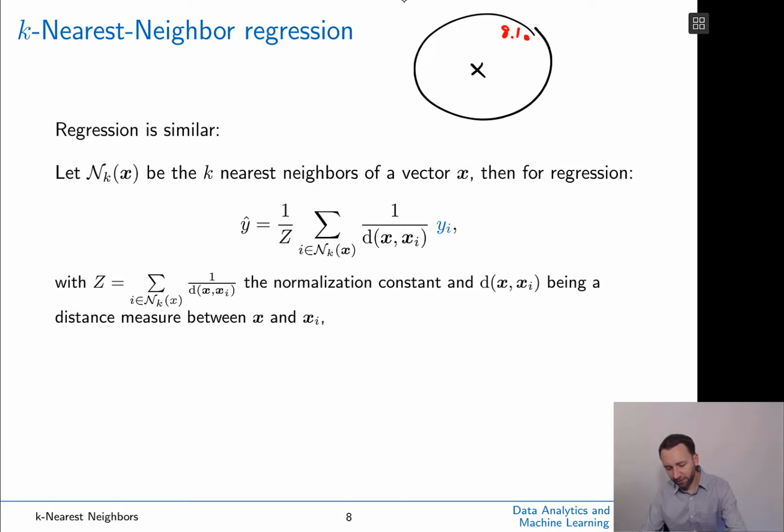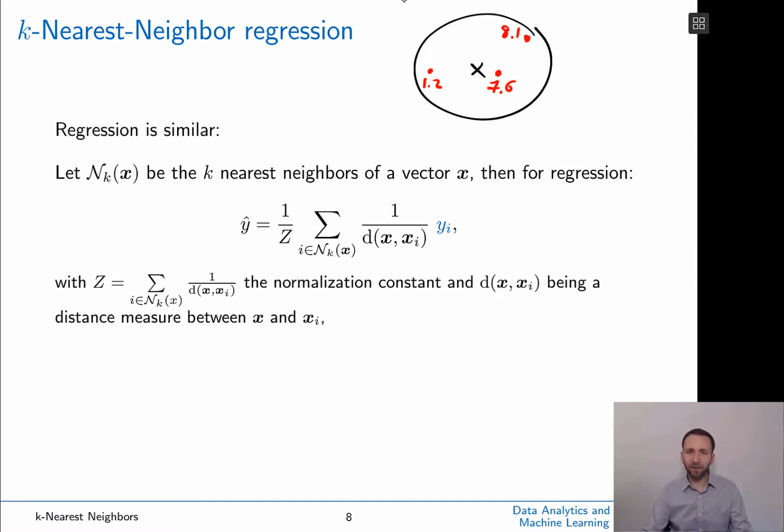So let's say this is 8.1. This here is 7.6, and here another one which is 1.2, for example. So these are our training instances, and it's now a regression scenario, right? We have here continuous targets, no longer red, blue, green, but 8.1, 7.6, and 1.2.